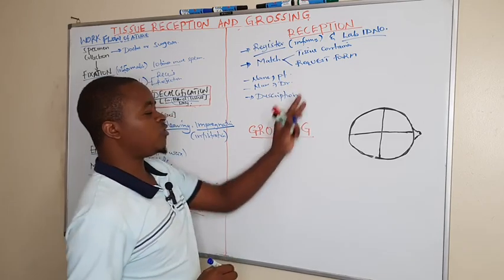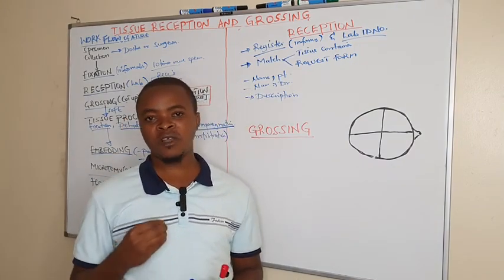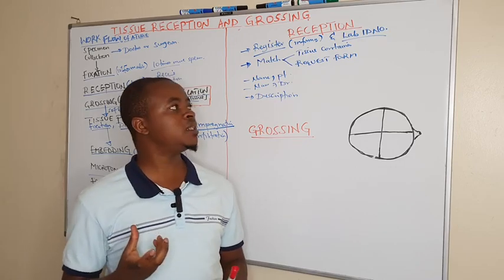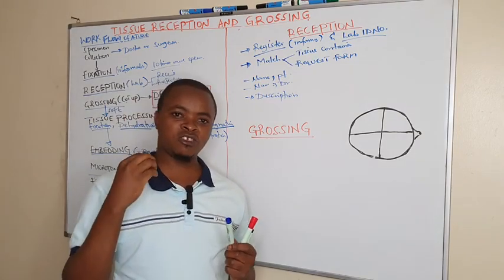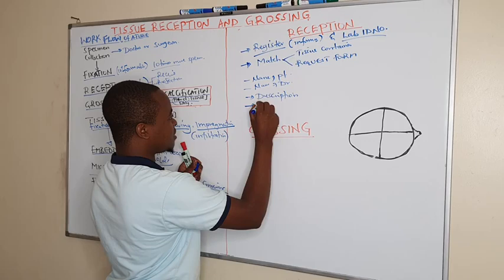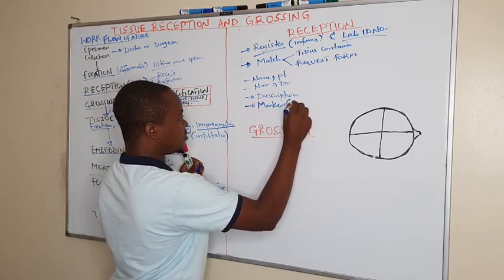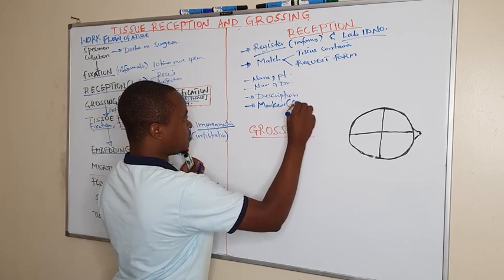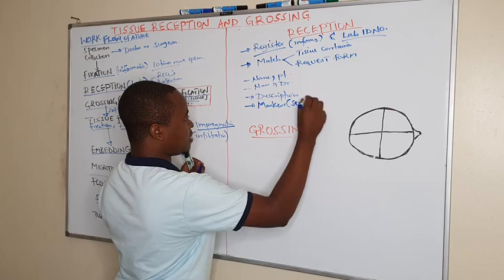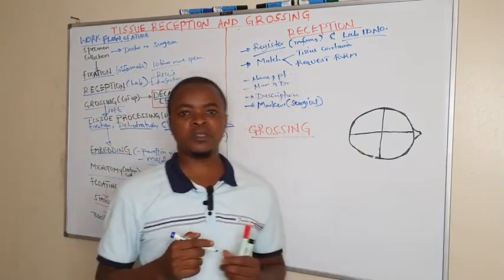This request form should have the description of the site where they have cut the tissue specimen, and it should be labeled with markers, surgical markers, describing the position of the sample.